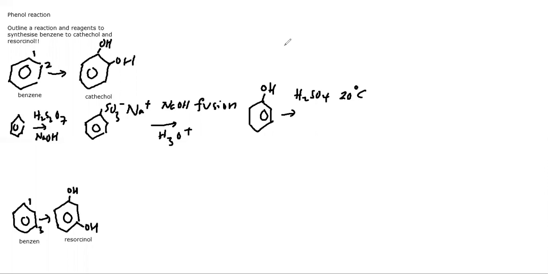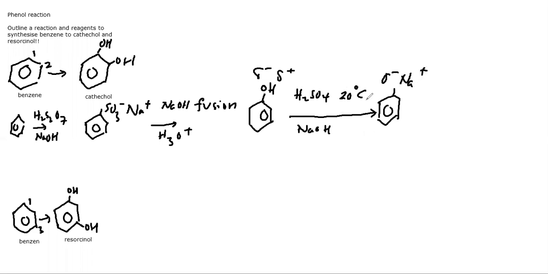Let me erase this one. So we need to set the temperature at 20 degrees Celsius. And then again, because we need OH, we add NaOH. So we'll have O minus, because oxygen is more electronegative than the other atom, so it becomes O minus and Na plus.